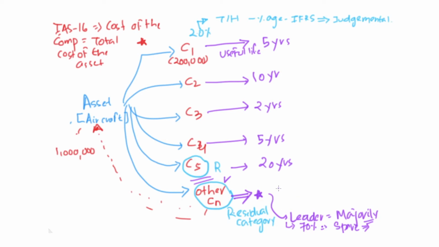Suppose the useful life of spares is 30 years. So what we did, we determined the useful life of each of the components based on the allocation made.